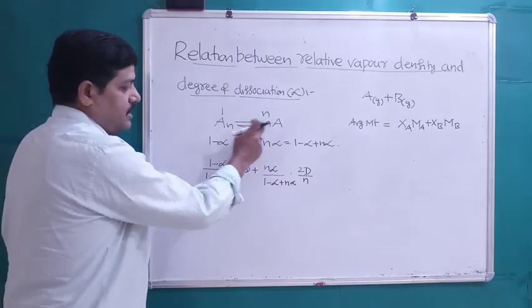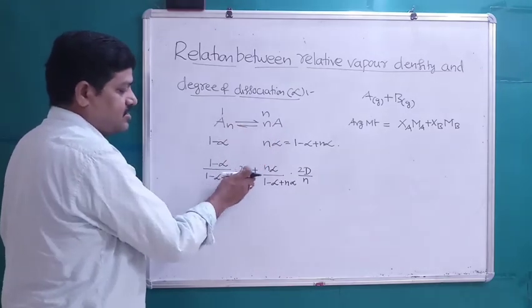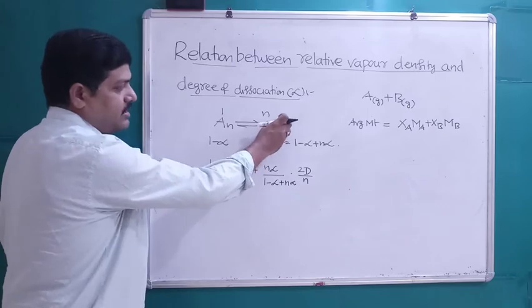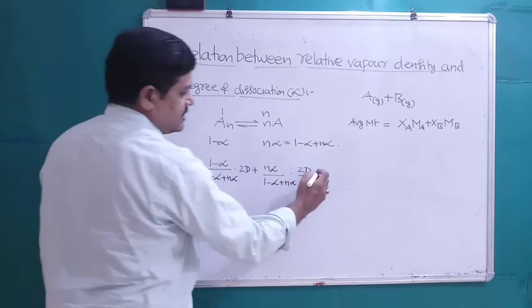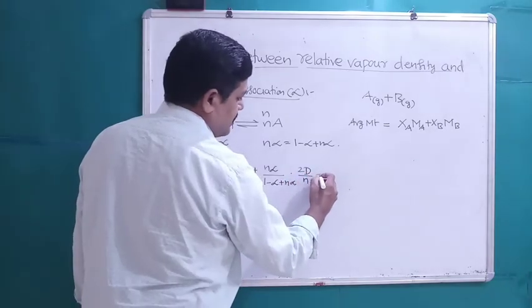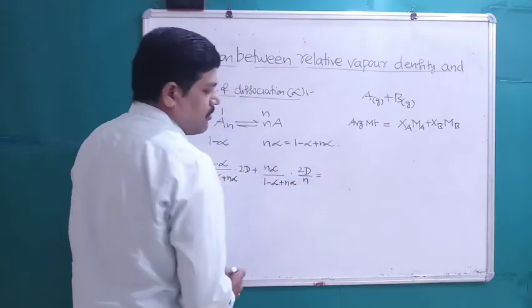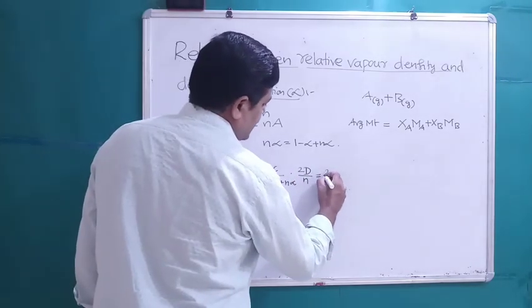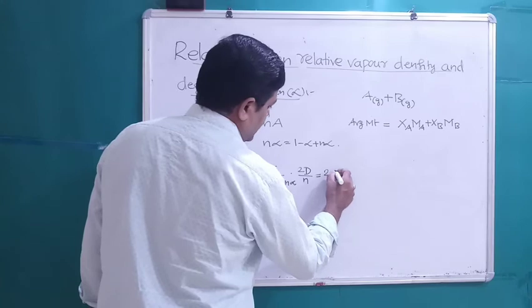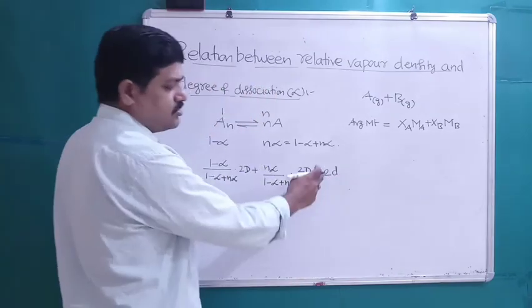For A, if the molecular weight of AN is 2D, then the molecular weight of A will be 2D by n, which is equal to the average molecular weight, that is the molecular weight after dissociation. The vapor density after dissociation is small d, then the molecular weight is 2 into d.